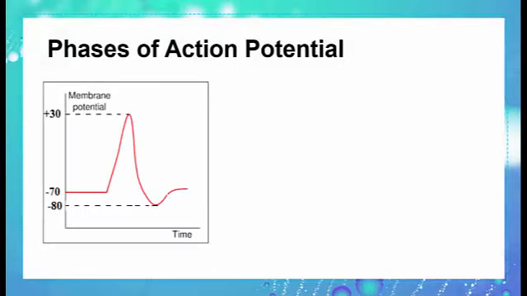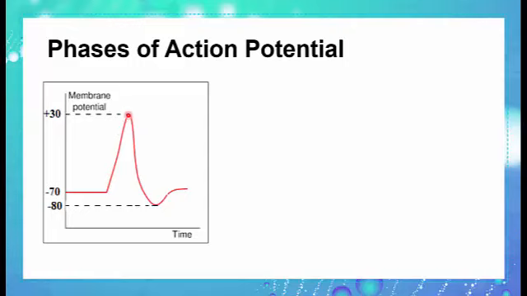To study exactly what happened during an action potential, first look to this recording obtained by an oscilloscope upon a stimulation. In this part, the axon was at rest, so the potential difference is minus 70 millivolt. After the stimulation, the potential difference increases to reach plus 30 millivolt.